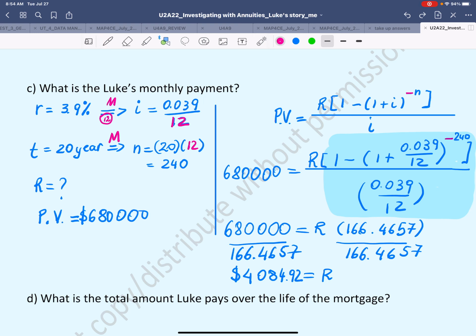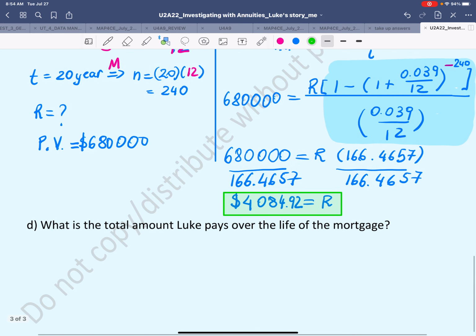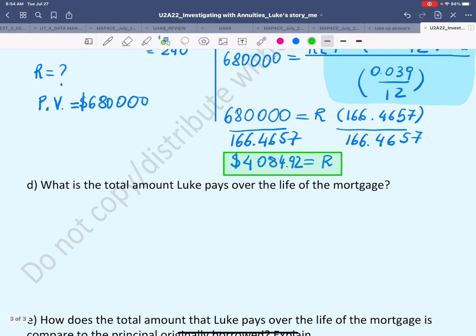I'll make this a little prettier. So this is the regular payment he will have to make every month so that he will be able to pay off his mortgage in 20 years. Now, the next question is asking, what's the total amount that Luke pays over the life of the mortgage? Well, think about it. He will be paying this amount every month.